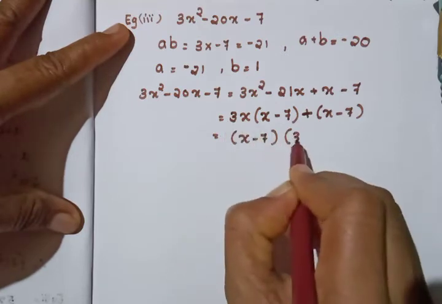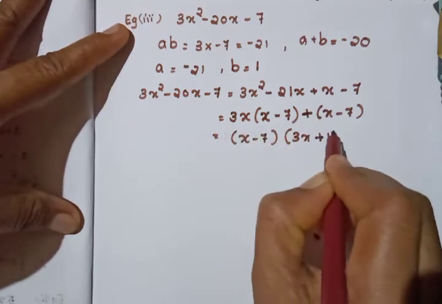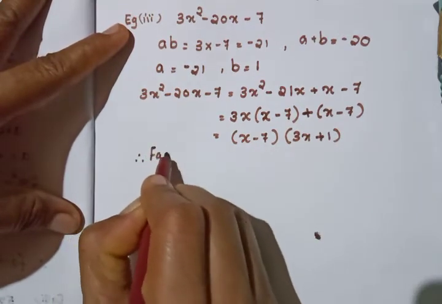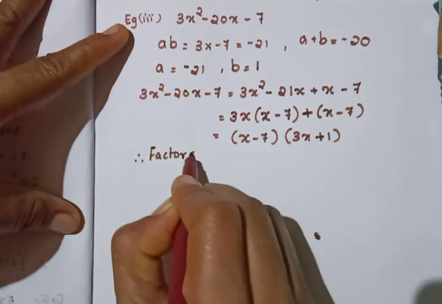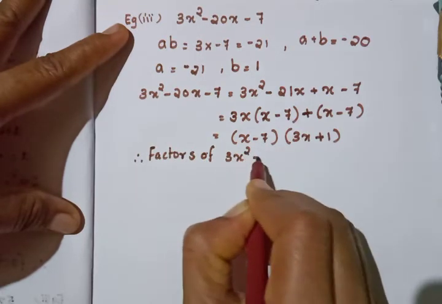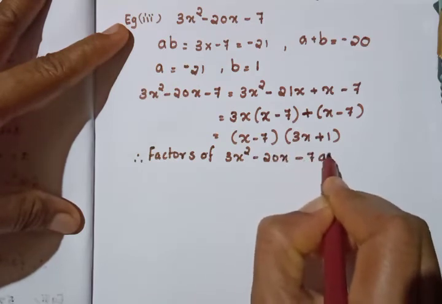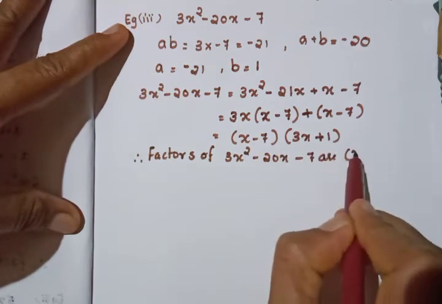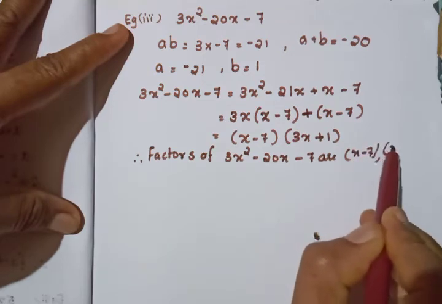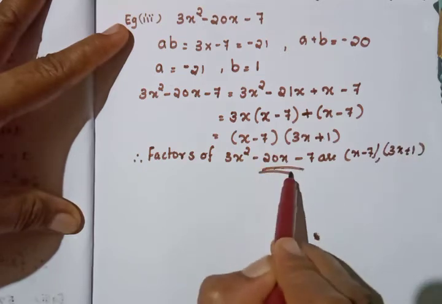Here 3x is remaining, here nothing is remaining, means plus 1. Therefore factors of 3x square minus 20x minus 7 are x minus 7 comma 3x plus 1. Correct? Okay.